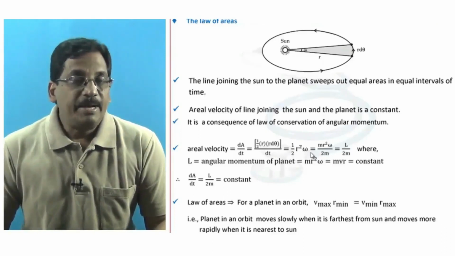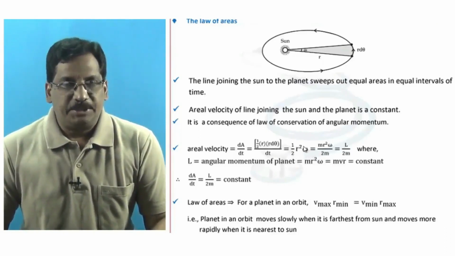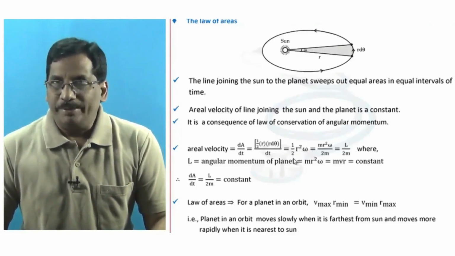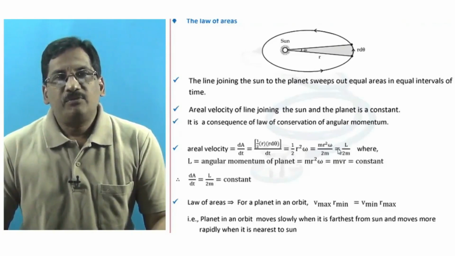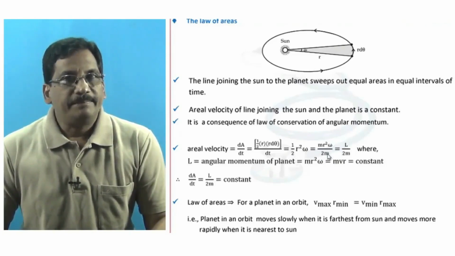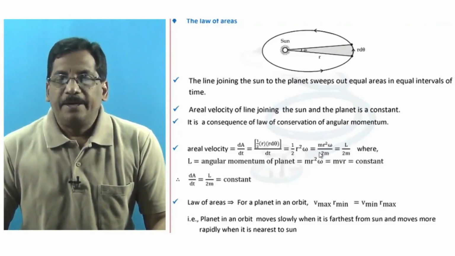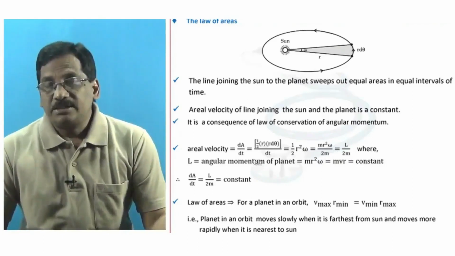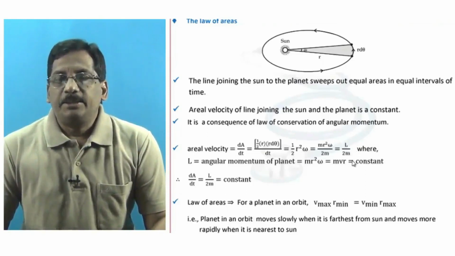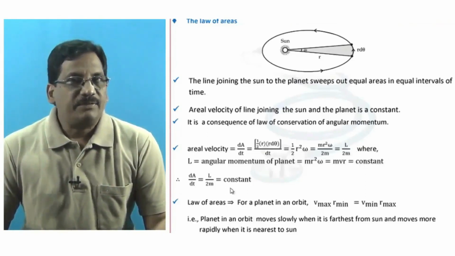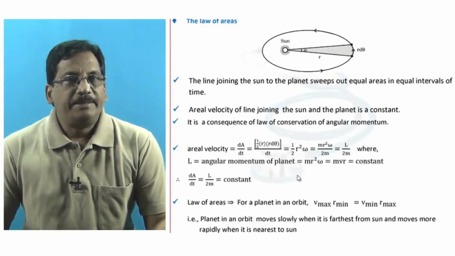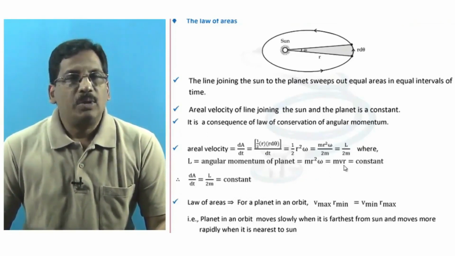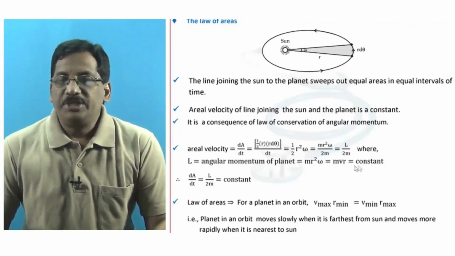Now let us multiply and divide this expression with m. So the numerator will be m r square omega divided by 2m. Here m r square omega is I omega, that is L, divided by 2m. So the areal velocity we can write as L by 2m, where L stands for the angular momentum of the planet, which is given as m r square omega, that is m v r, also I omega, which is a constant.